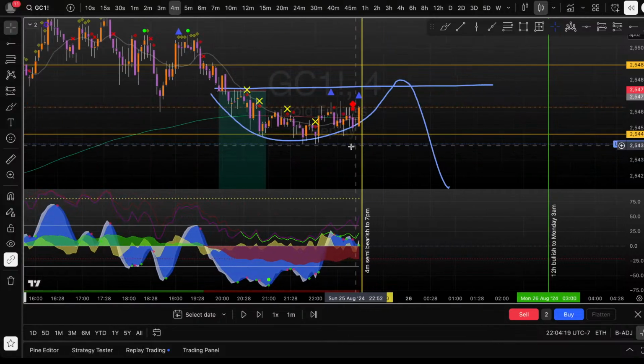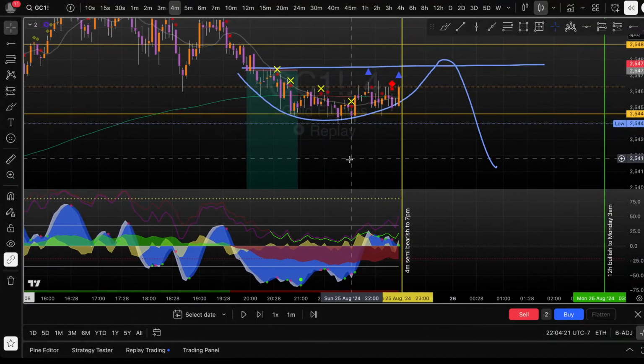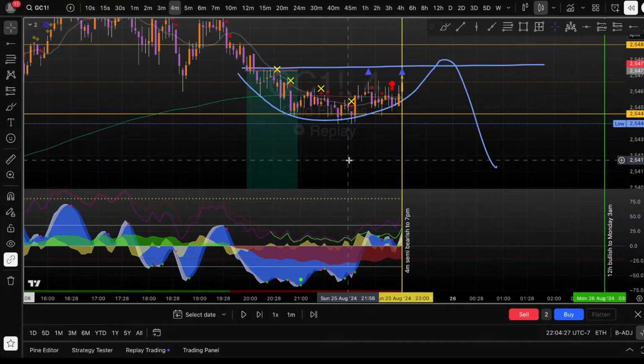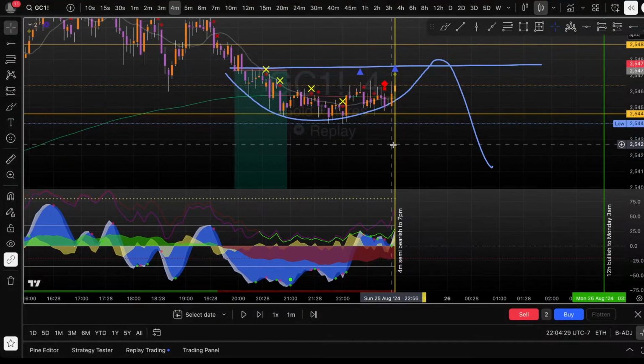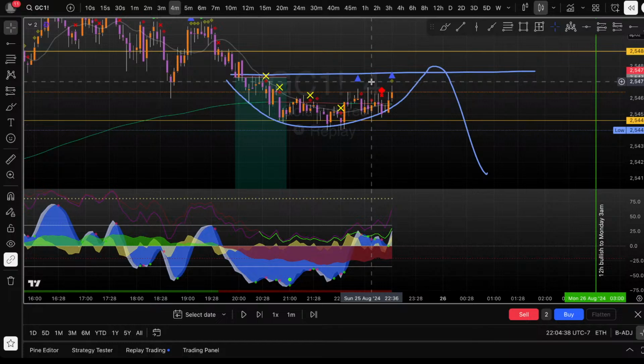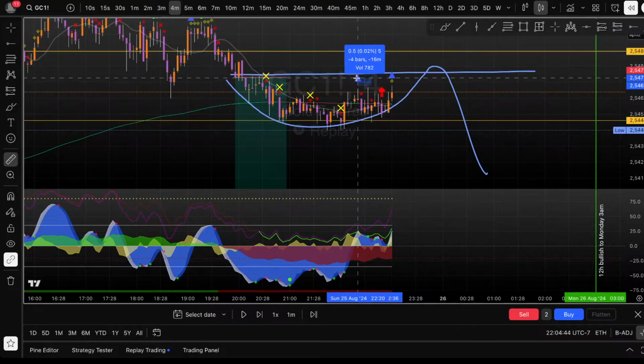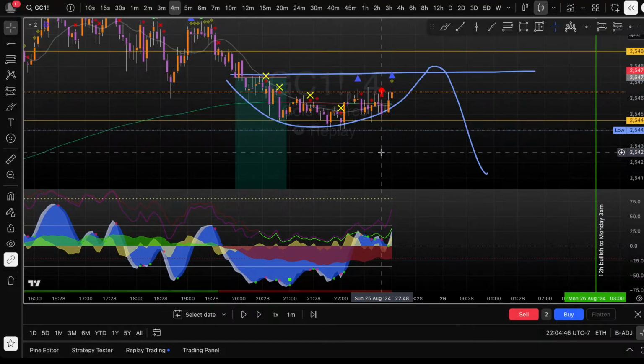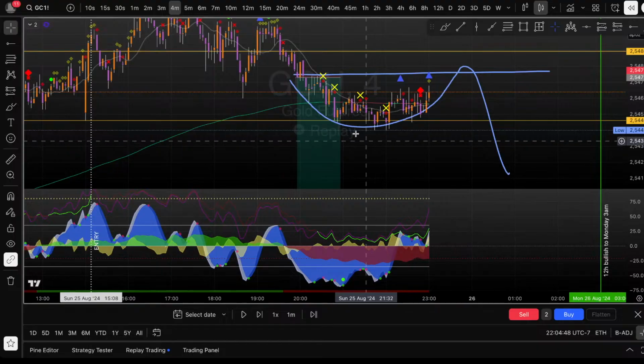Look. Shoot. Five ticks away from putting us out of the game.